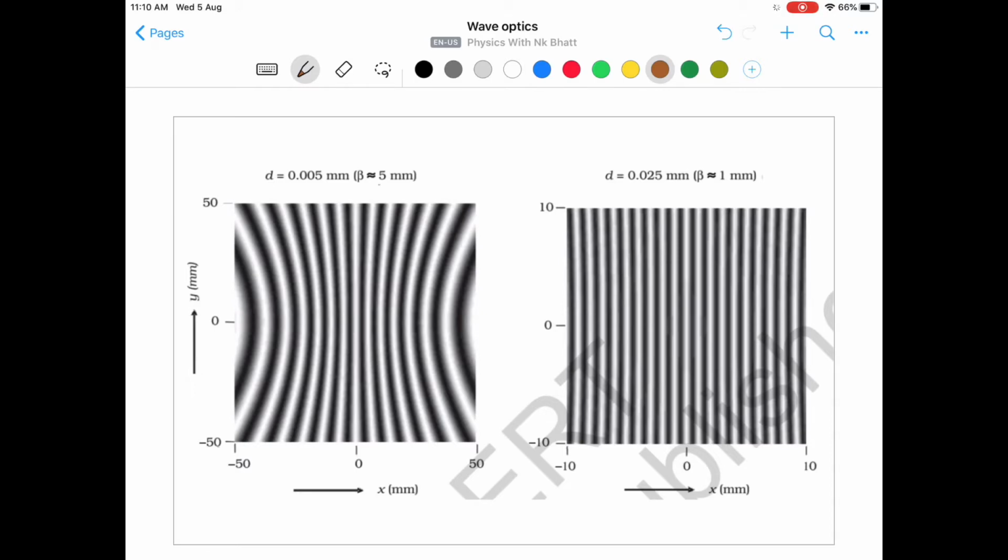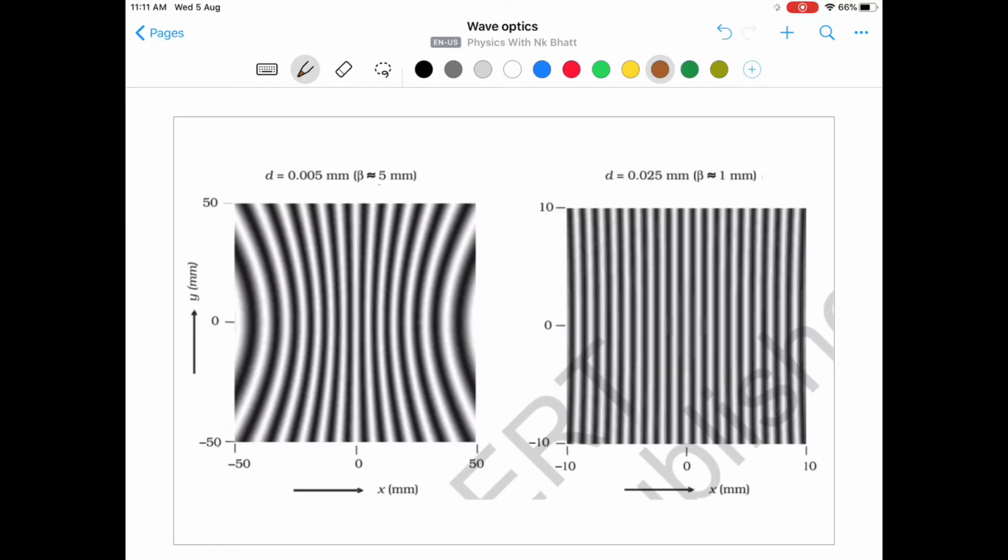In the first diagram, we have a large area view, and in the second diagram we have a particular section. Out of this 50 to minus 50, we have only 10 millimeters on both sides of the center of the screen. This point O is not zero, it is the center of the screen in both the diagrams.